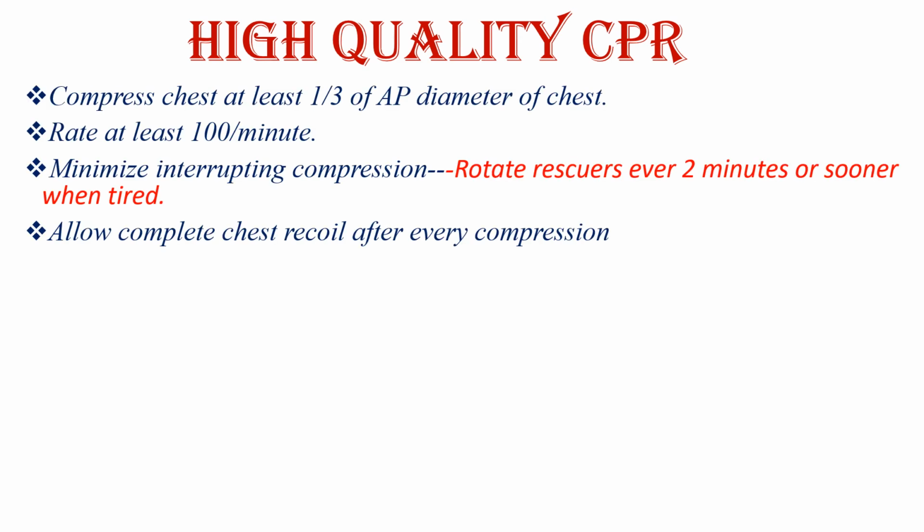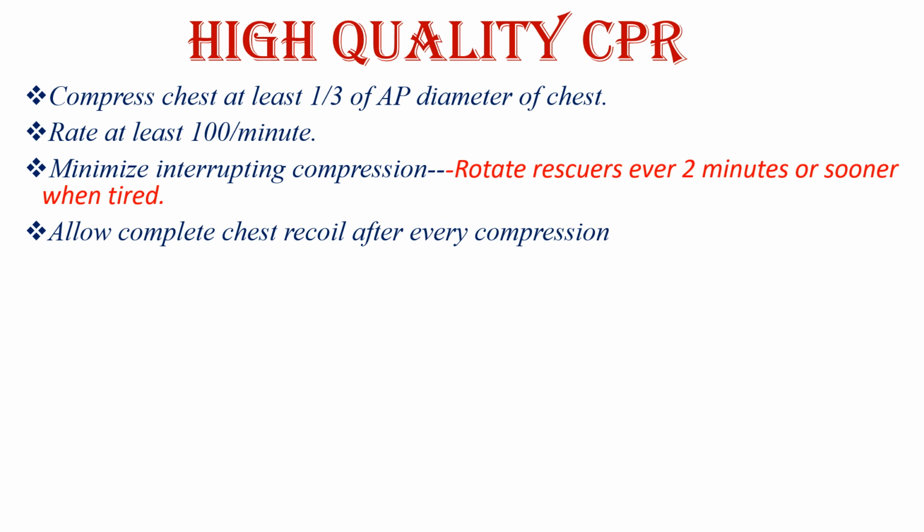We call CPR high quality CPR if it fulfills these criteria. The first is to compress the chest at least 1/3 of the AP diameter of the chest, or 2 inches or 5 centimeters. Rate at least 100 compressions per minute. Minimize interrupting compressions.